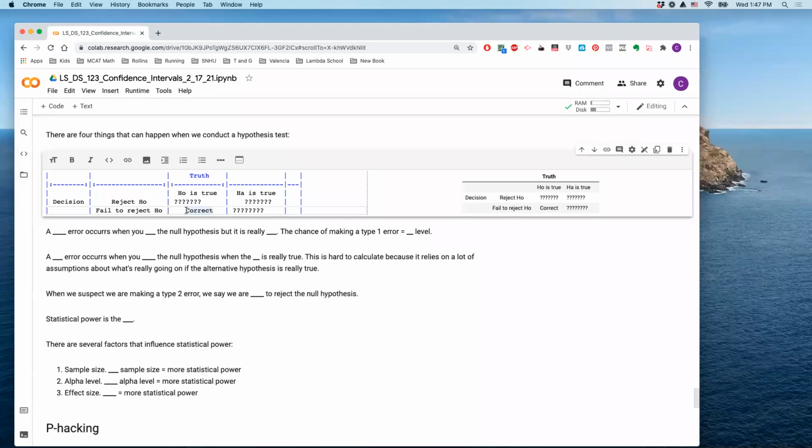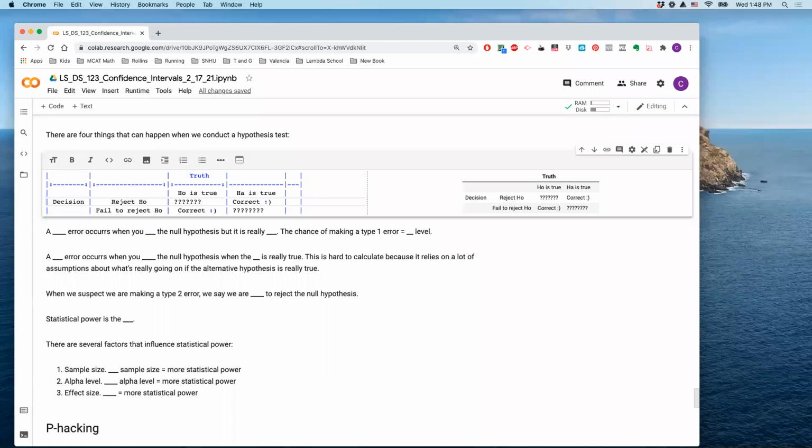On the other hand, if the alternative hypothesis is really true, healthy human body temperature is not 98.6 degrees, and we reject the null hypothesis, we have also done the correct thing. Be happy.